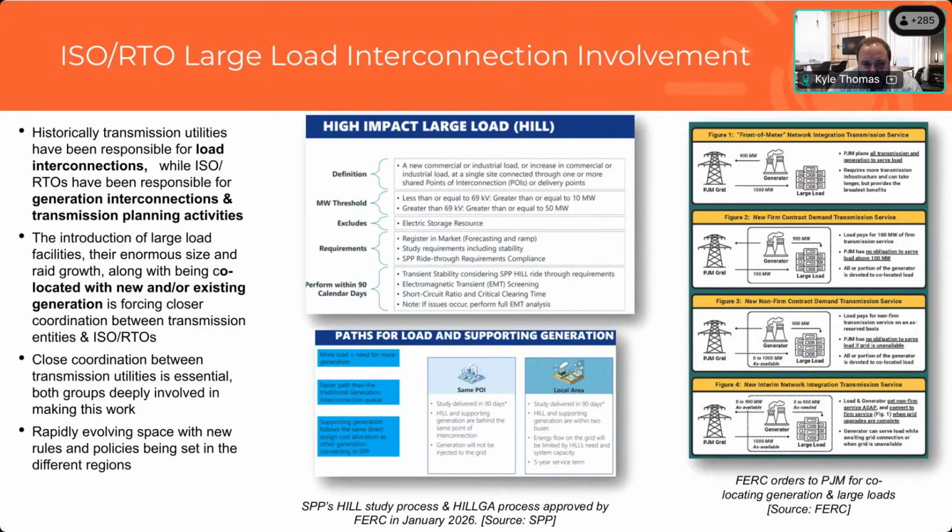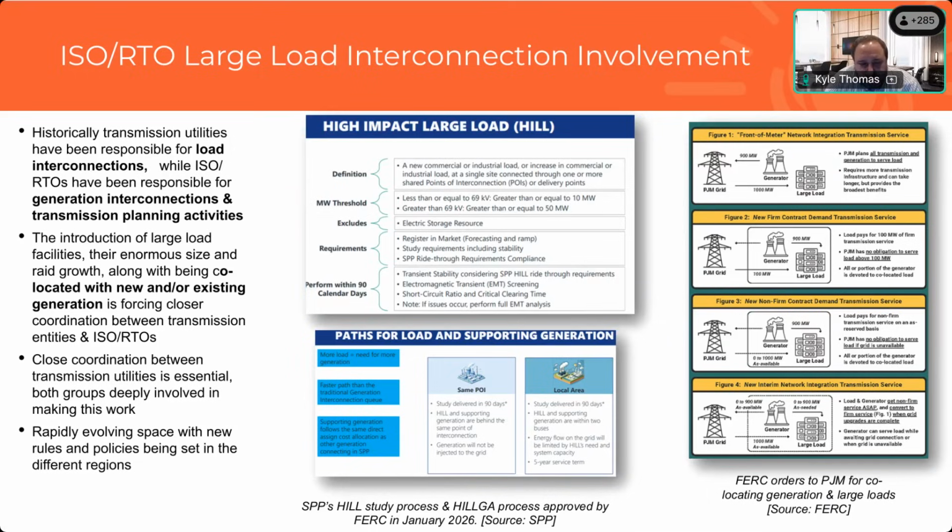But with the large load influx, their enormous size, their rapid growth, and critically important, their new types of configurations where they are co-locating with new or existing generation, that's forcing closer coordination between the transmission entities and the ISO RTOs, and more data and information sharing so better forecasting can happen.